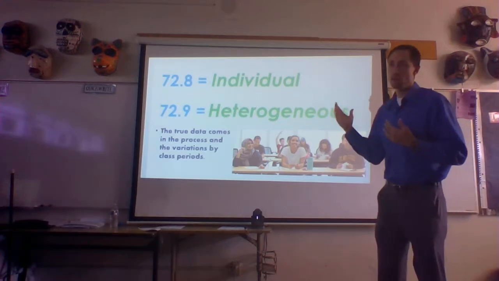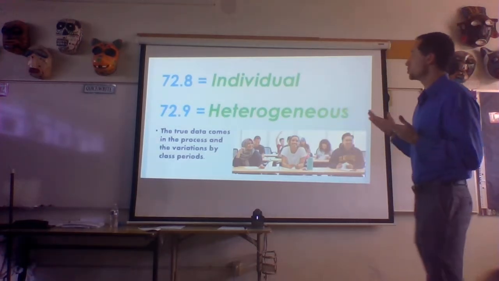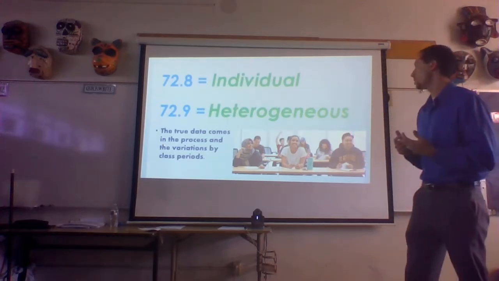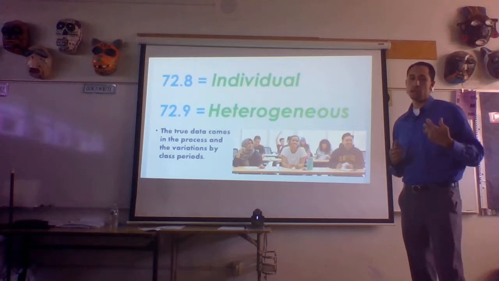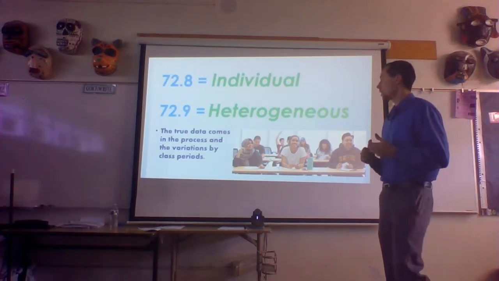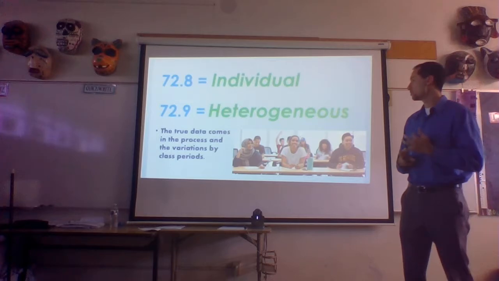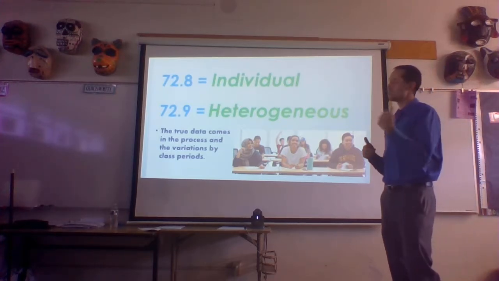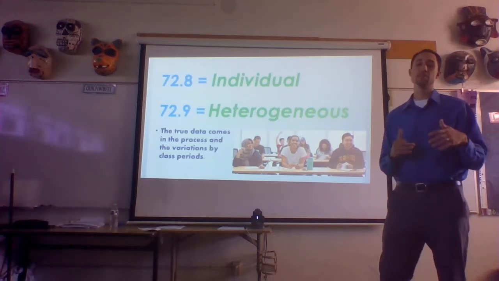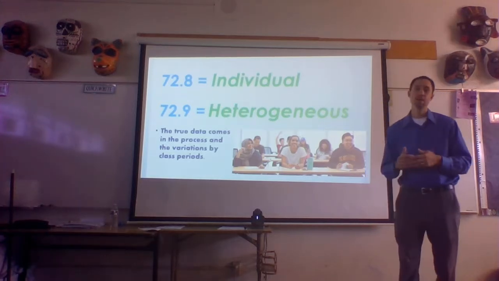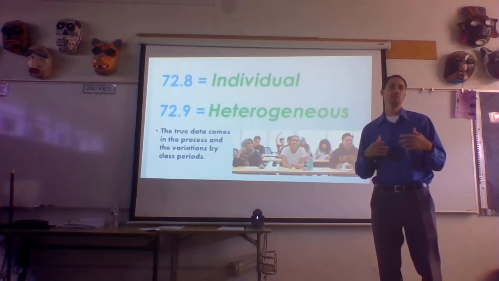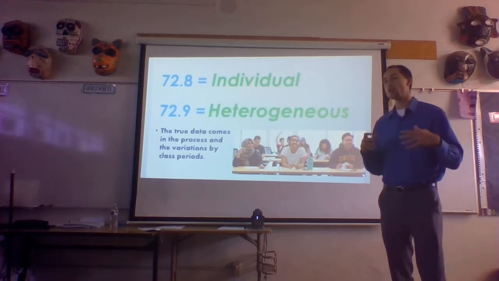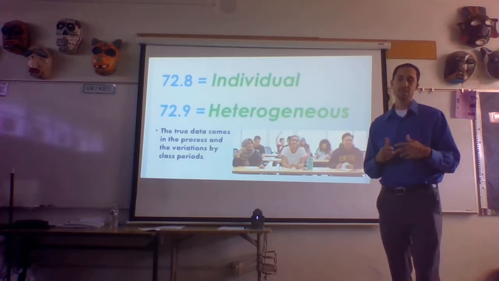Looking at the scores, it doesn't look like there's much of a change. The overall average was only 0.1 higher in the heterogeneous groups. The true data, as I mentioned, comes from the process and the variation in periods. The biggest period of change and growth from heterogeneous to individual was the first set of students, students 1 through 25, and their process was the most cohesive, and in their group work, they truly had the best interactions.